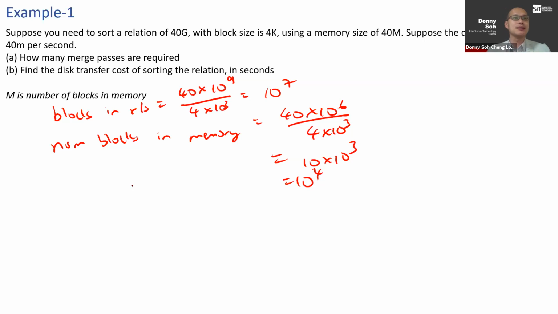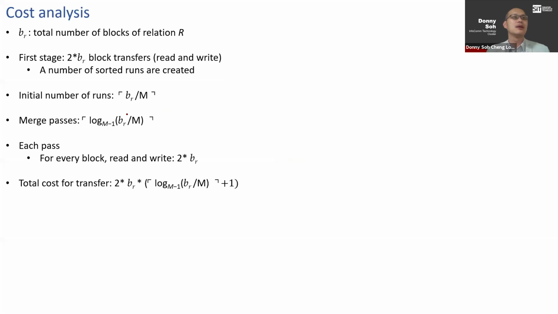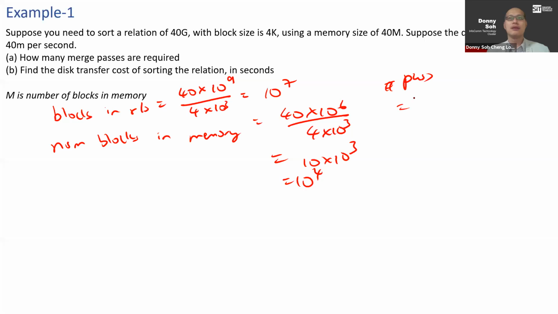So the number of passes equals to, what is the formula? Log base m of 10 to the power 4, minus 1, and number of blocks in the relation divided by number of blocks that can be held in memory.